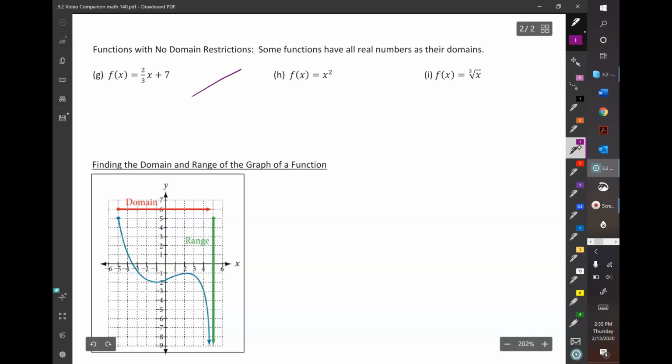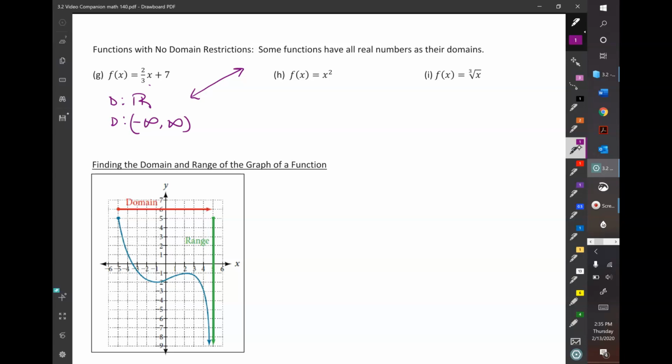This is just going to go in a line like that, or it might even be the constant function, whatever it is, but any number can be input for x, and I'll get a valid real number to come out. So my domain there would be all real numbers, or in interval notation, negative infinity to positive infinity. And that reads f of x equals 2/3 x plus 7.